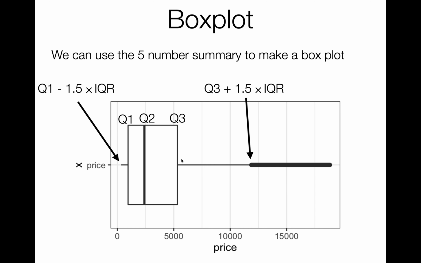That's how the box is formed. Then the whiskers are formed using partially this Q1 minus 1.5 times IQR and Q3 plus 1.5 times the IQR idea.